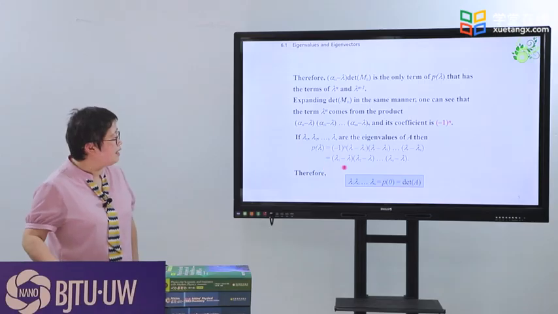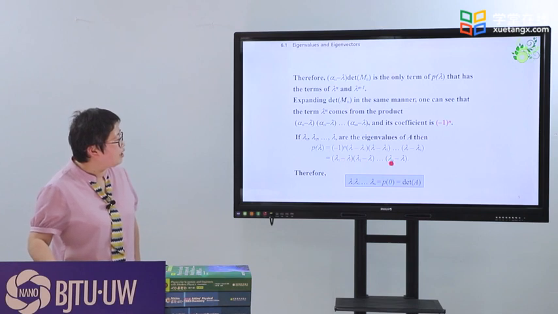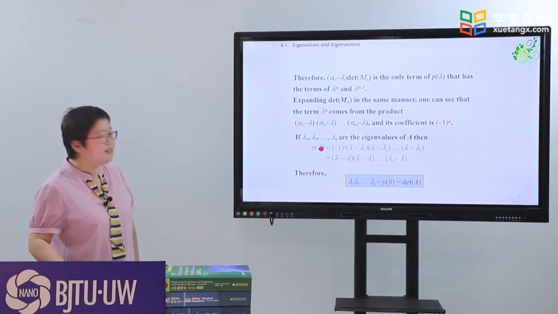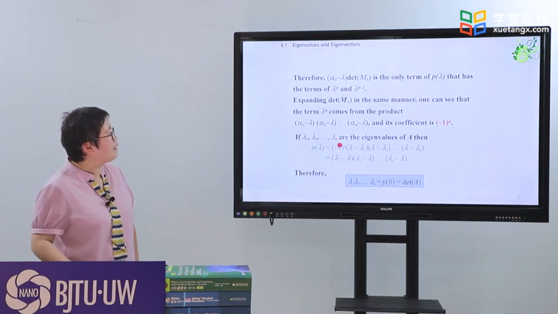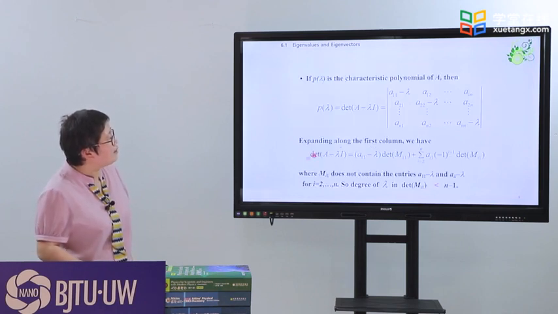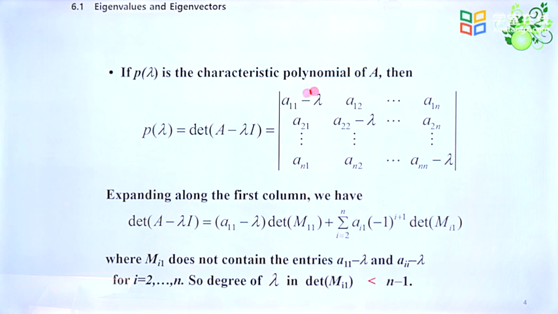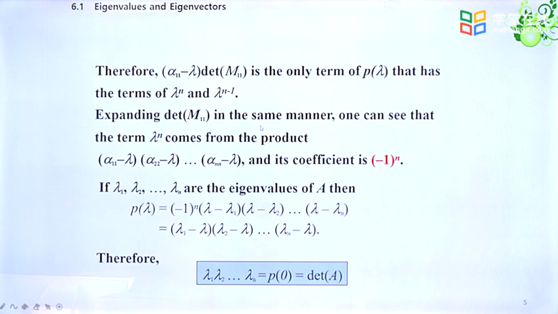Therefore, lambda 1 times lambda 2 till lambda n equals p(0) if you choose lambda equals 0. Choosing lambda equals 0 means you just compute p(0), which equals the determinant of A. So the determinant of A equals the multiplication of the eigenvalues.